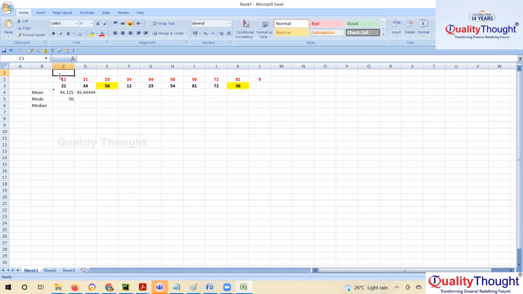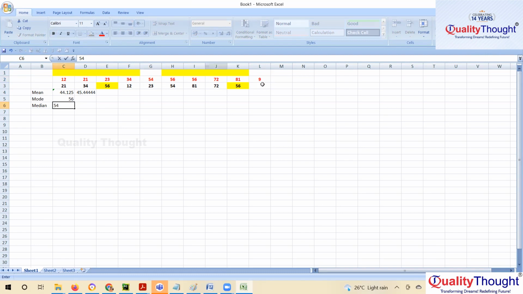So 4 this side and 4 this side. So 54 is dividing the data set into two halves, with 4 numbers on the left and 4 numbers on the right. So in this case, 54 is the median.